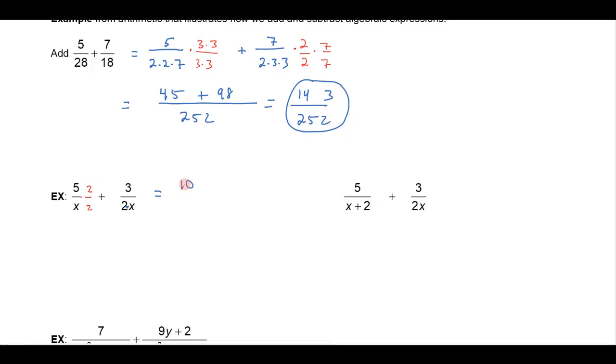I'll get 10 from this numerator plus the 3 over your common denominator 2x. So this is just 13 over 2x.